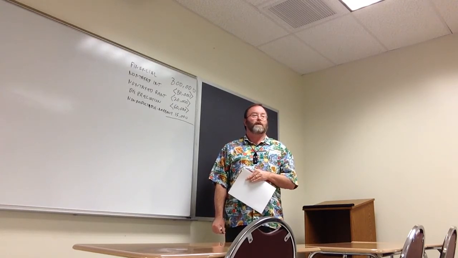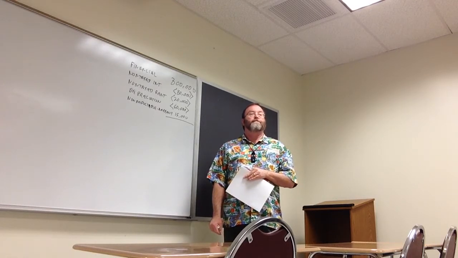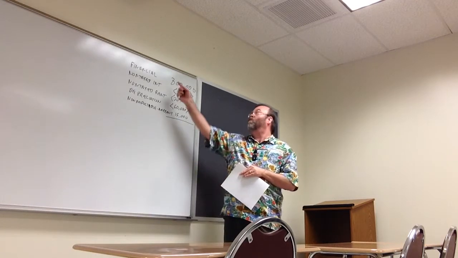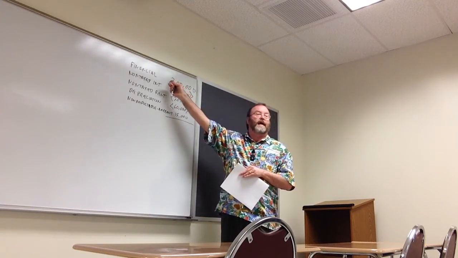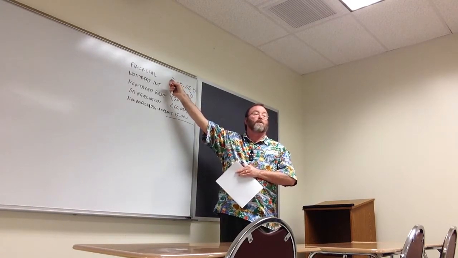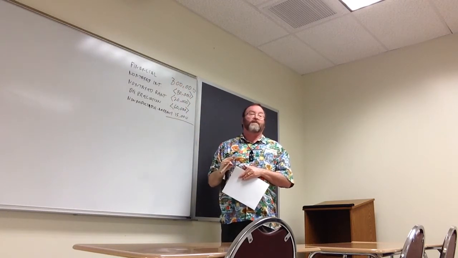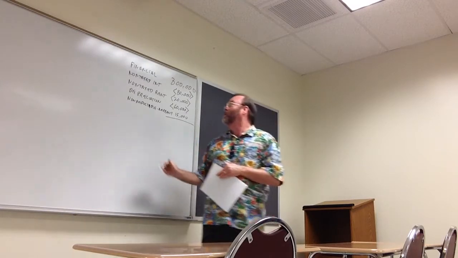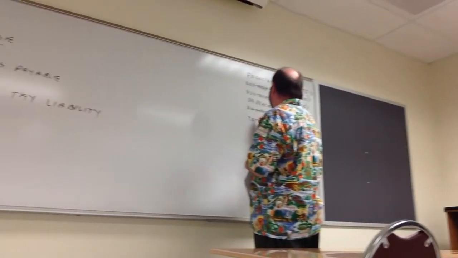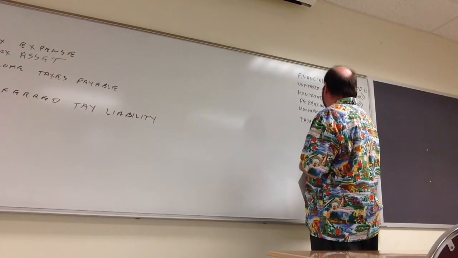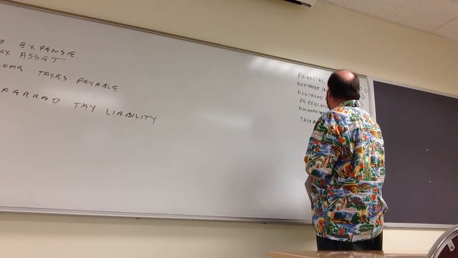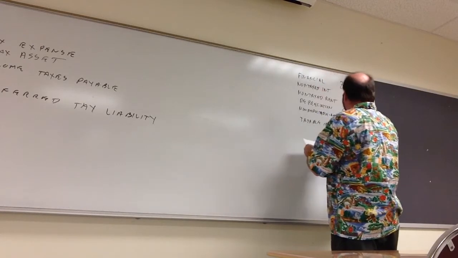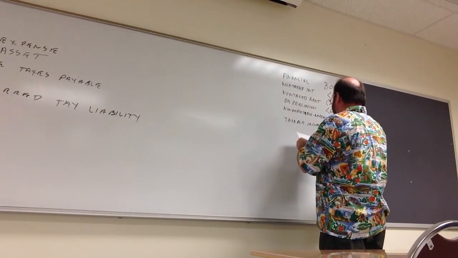Yes, sir. Why is the 15 a plus? Shouldn't that be a minus? Like, only going to take away? No, because what was included in the 800,000 is a $20,000 warranty expense. Oh, okay. All right, we can only deduct 5 of it, so we need to add back in order to compute taxable income. So taxable income is equal to 655,000.